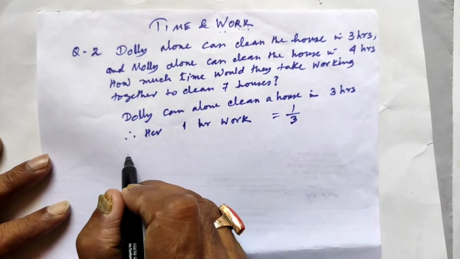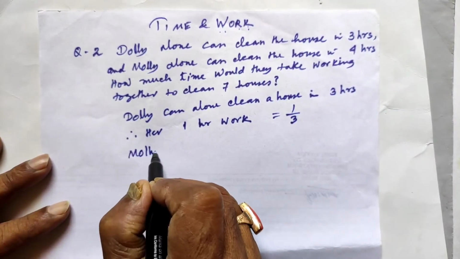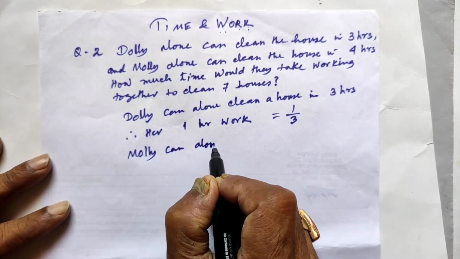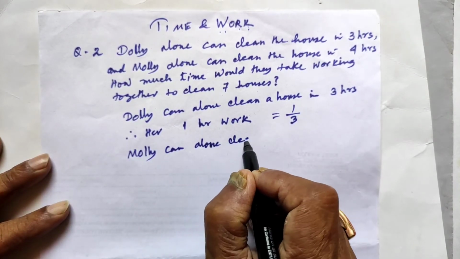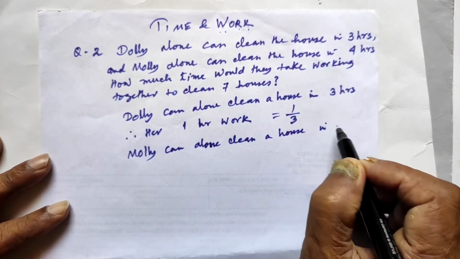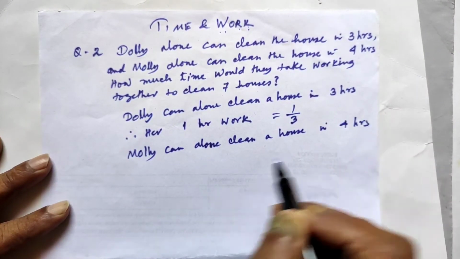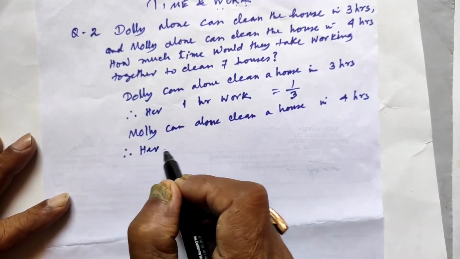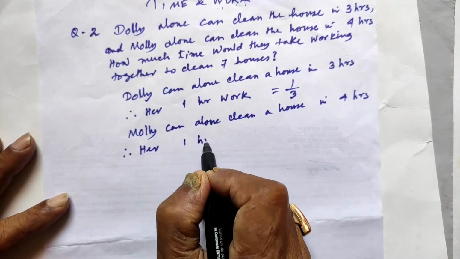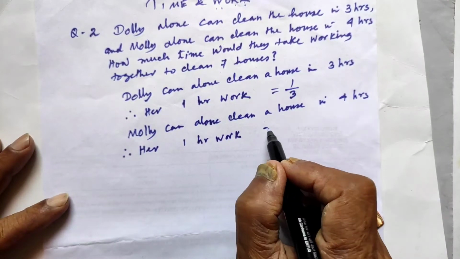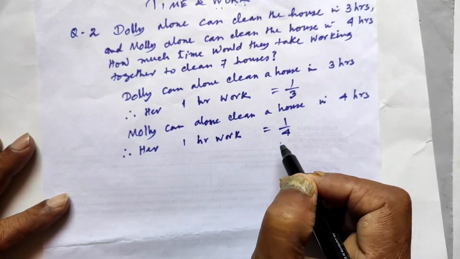Again, Molly can alone clean a house in 4 hours. So her 1 hour's work to clean the house equals 1 by 4.